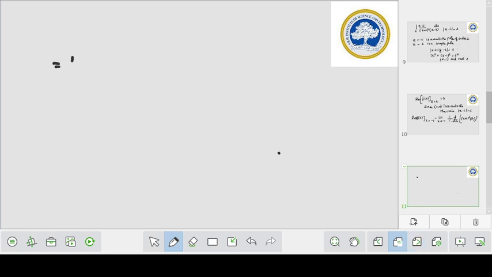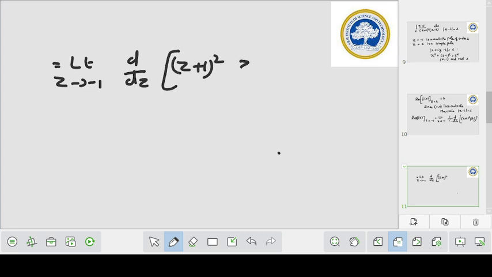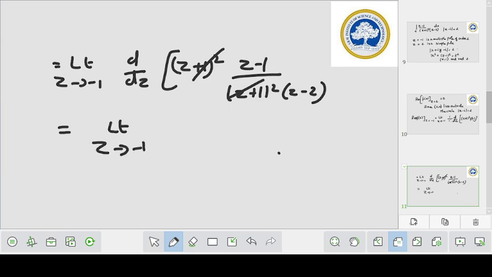Your f of z is (z minus 1) by (z plus 1) the whole square into (z minus 2). I can cancel this, and after differentiating I get limit z tends to minus 1 of d by dz of (z minus 1) by (z minus 2), and after doing the differentiation applying the u by v method and putting z equal to minus 1, the residue is minus 1 by 9.